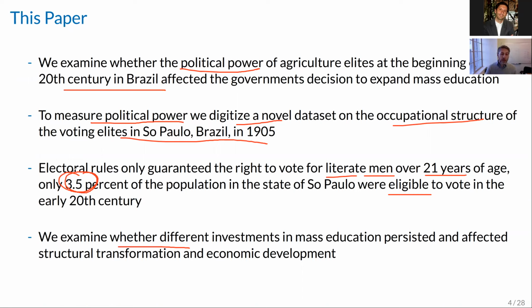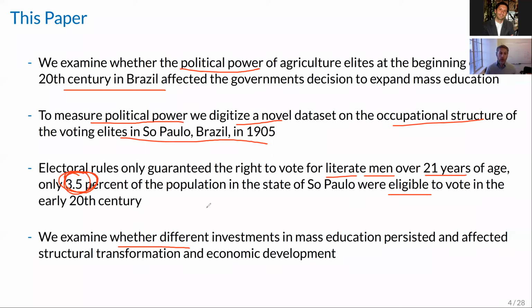So we're talking about a very small number of people voting at that time, which means that among those 3.5%, the occupation, who these people are in terms of their economic identity, could matter a lot because those were the elites that were making the decisions.